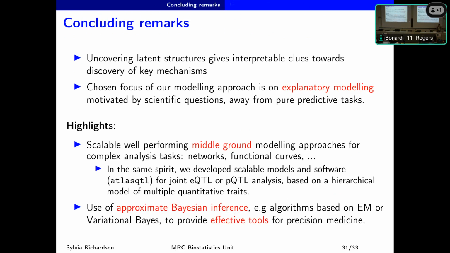I think both are useful, but for precision medicine, to get targets, there's a lot of interest in really trying to combine different types of omics data, contrast experiments, and so on. And we've worked to develop flexible models, but nevertheless middle ground models.